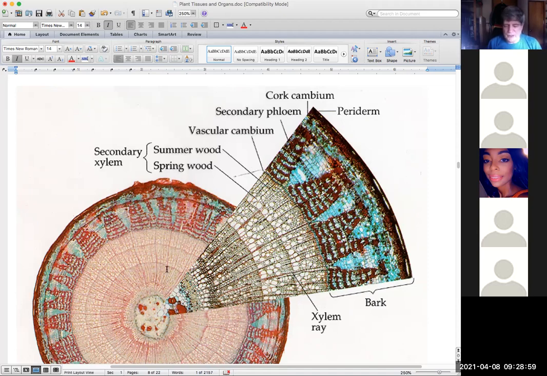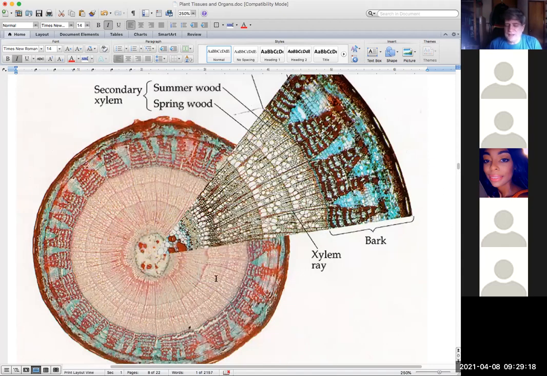This first band of secondary xylem here, this is the xylem from the 1st year of growth. This middle band here, this is the xylem from the 2nd year of growth. This 3rd band here, this is the xylem from the 3rd year. So 3rd year, 2nd year in the middle, 1st year out here. So notice the oldest secondary xylem is always on the inside, closest to the primary xylem.